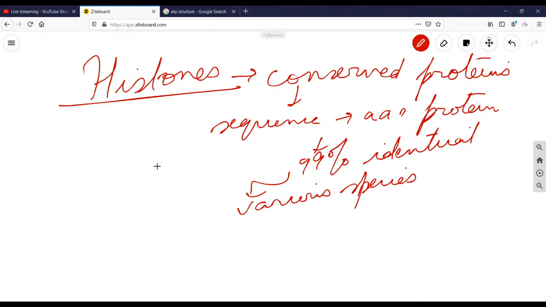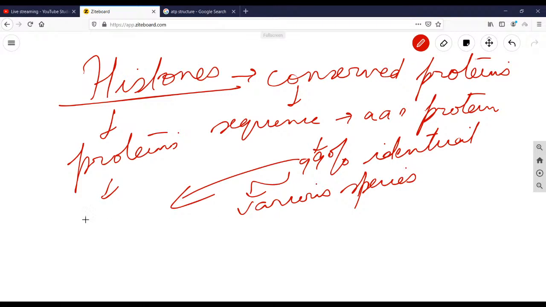So in all the eukaryotes, barring that exception, if you talk about annelid, arthropoda, human beings, the plants, the birds, the sequence of the histone proteins stays 99.9% identical. That is the meaning of conserved protein in case of histones.